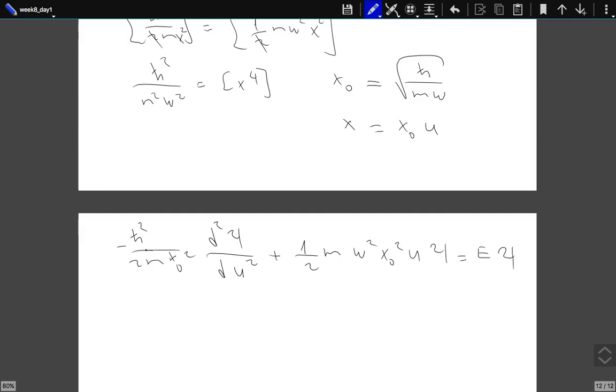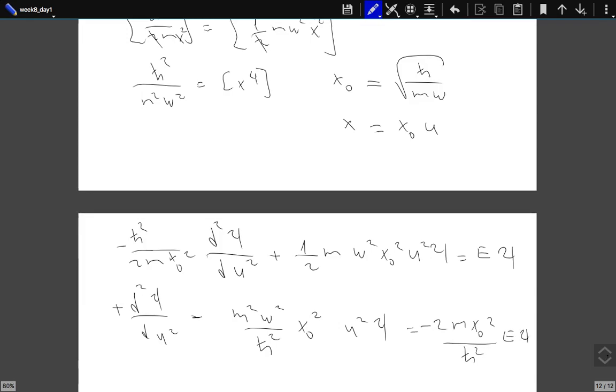or plus d squared psi by du squared plus minus m squared omega squared over h bar squared x0 squared u squared psi should be equal to minus 2m x0 squared over h bar squared E psi.